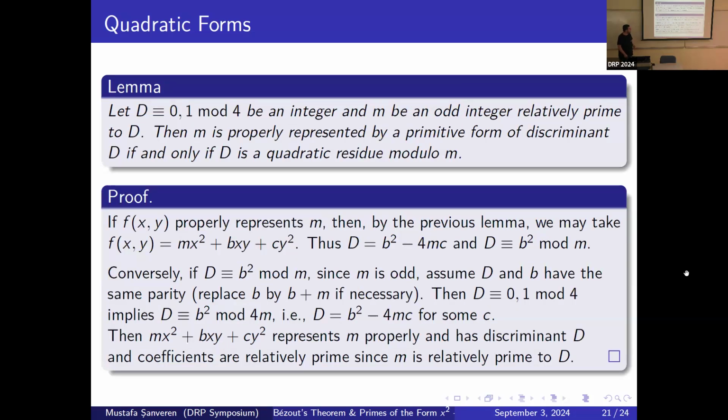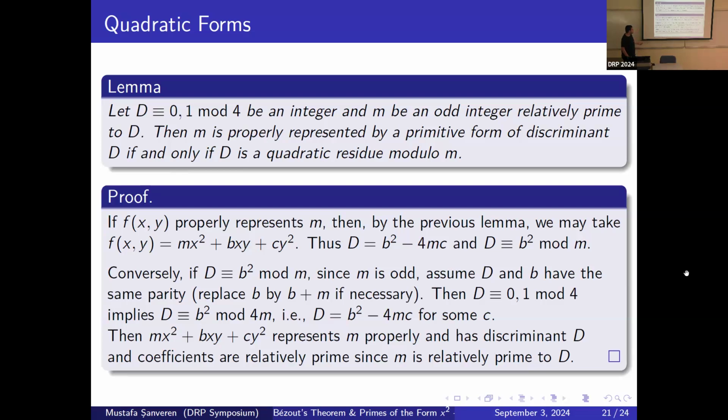And here's a lemma. If we have discriminant d equivalent to 0 or 1 mod 4, and let m be an odd integer relatively prime to d, then m is properly represented by a primitive form of discriminant d if and only if d is a quadratic residue modulo m.